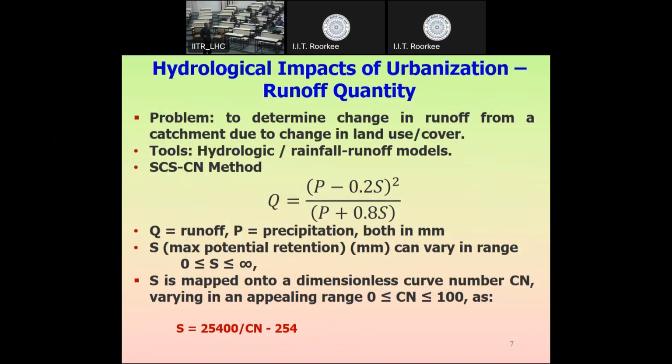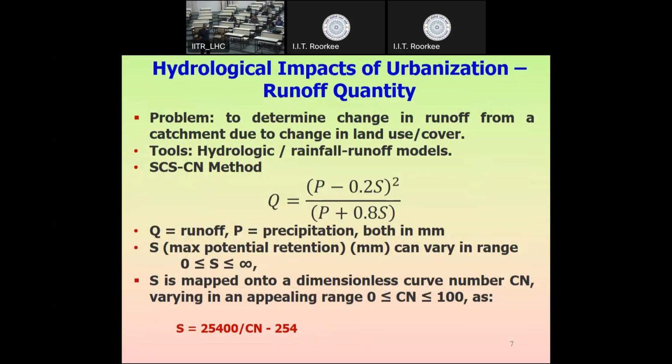Okay, so you are aware of this equation where Q is (P minus 0.2S) squared divided by (P plus 0.8S), where Q is runoff, P is precipitation, and S is a parameter called maximum potential retention. This is the maximum amount of moisture that can be retained in a watershed.